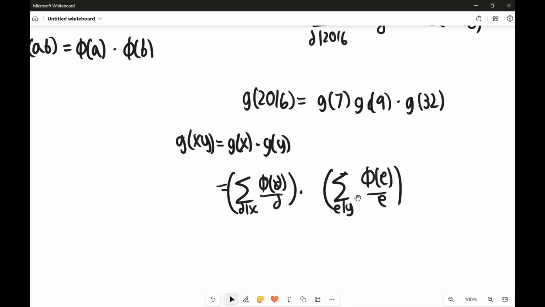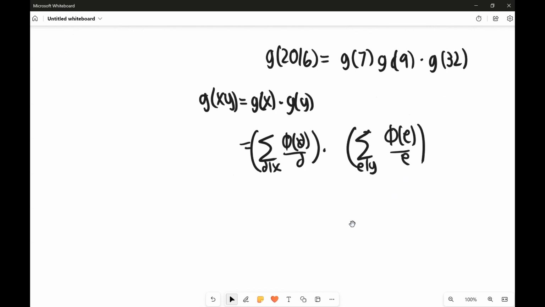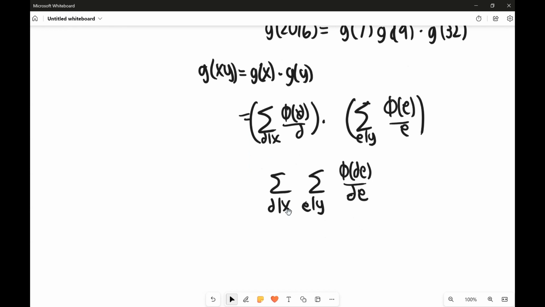Then if we combine these two, we end up getting the sum over d dividing x and e dividing y of phi of de over de. We can show that de divides xy, obviously, and since x and y are relatively prime, we can undo this by finding the factor that divides x and the one that divides y. So this ends up being xy.